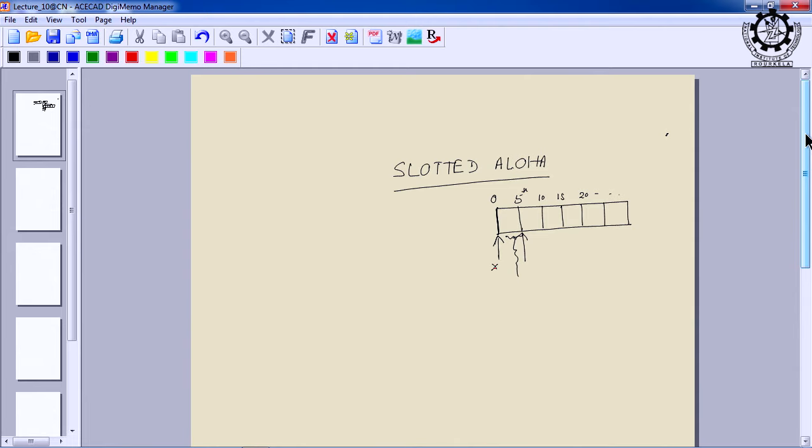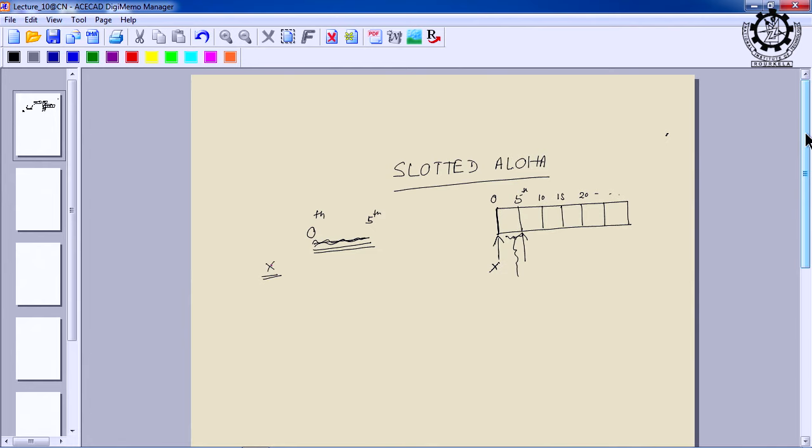When a node X is ready to transmit, it starts from the 0th second and knows that till the 5th second, no one is going to disturb the channel. So this period is free of contention or any kind of collision, and node X is the master of the channel and can transmit.